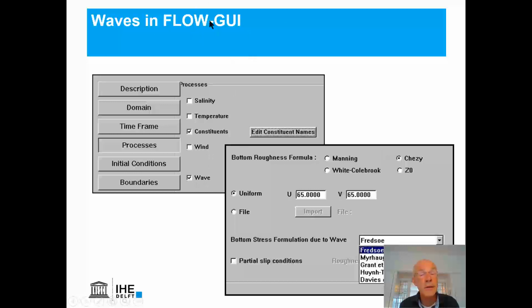This is how to define the waves in flow GUI. You have to select the wave process under the processes, and also you have to define the bottom stress formulations due to waves.